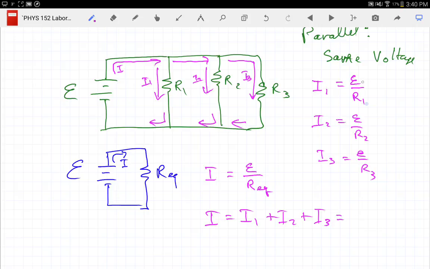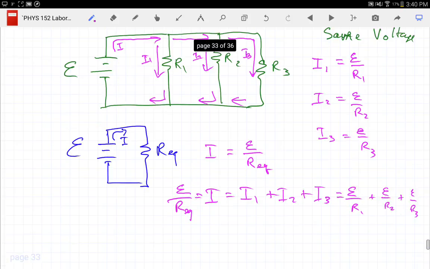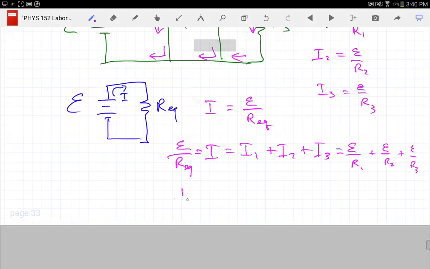Well, if I look at these, notice each one has the EMF on top. But I was equal to EMF over R equivalent. So if I take the left side of this and set it equal to the right side, I have 1 over R equivalent equals 1 over R1 plus 1 over R2 plus 1 over R3.